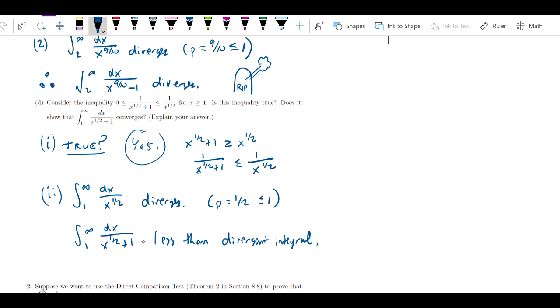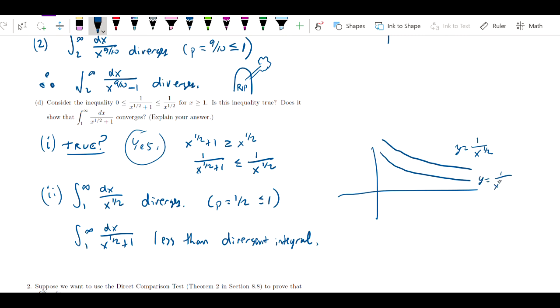So think about what that means. If I have, let's say, this is y equals 1 over x to the 1/2, and this is y equals 1 over x to the 1/2 plus 1.